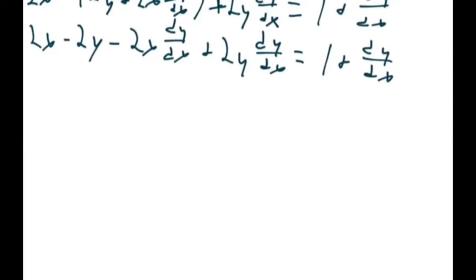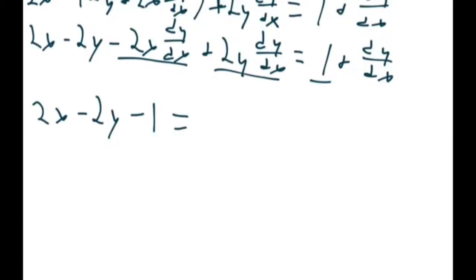And so what we're going to do first is subtract this 1, move it to the other side. So it's going to be 2x minus 2y minus 1 equals, then we're going to add the negative 2x dy over dx and the positive 2y dy over dx to the other side.